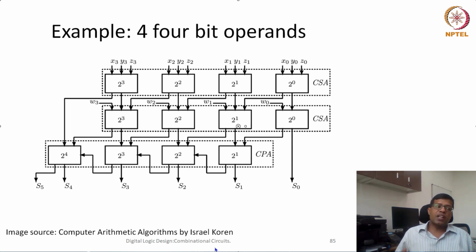So this carry save adder presents a good opportunity. It's a different kind of optimization where we are playing with the bits. We are trying to identify which bits we can add together, which belong to the same place, and this can give us an optimization which can save both area as well as delay.